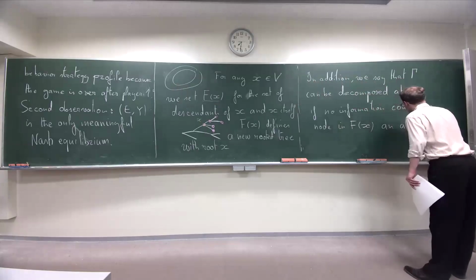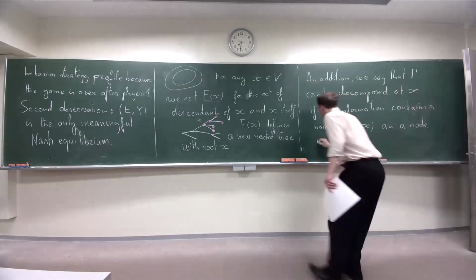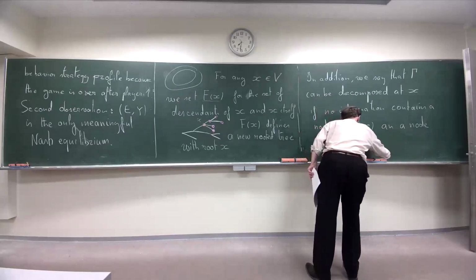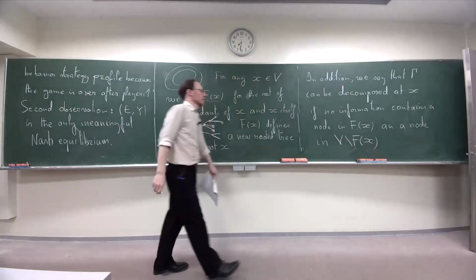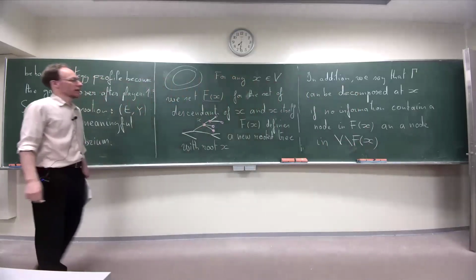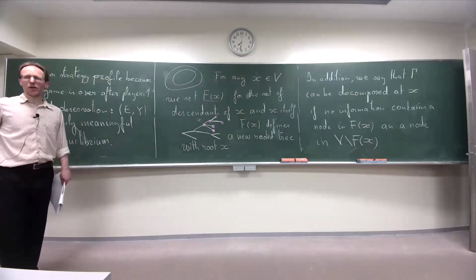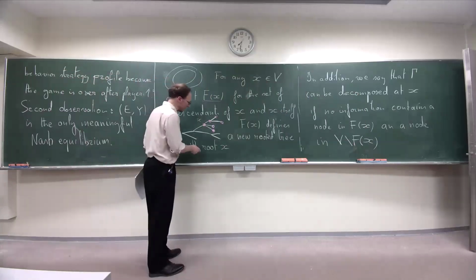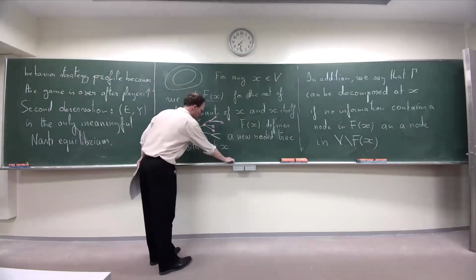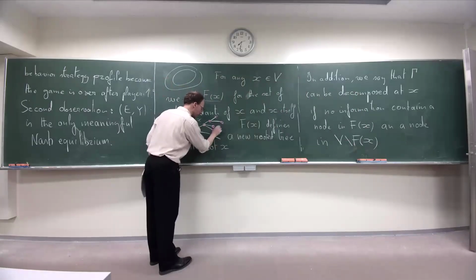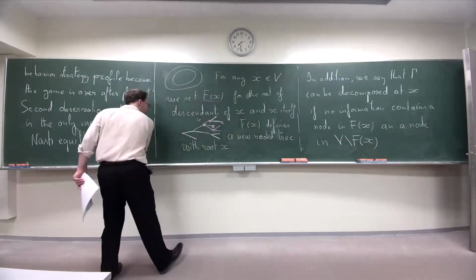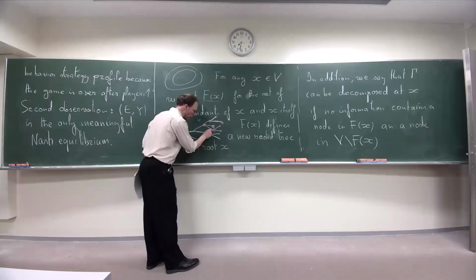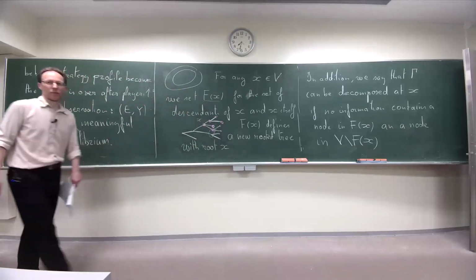And you will see it's perfectly natural. Each x defines a subtree, but there is a small problem which I have to avoid. Remember, I need something a bit more complicated. An information set is when two or more vertices are put together.